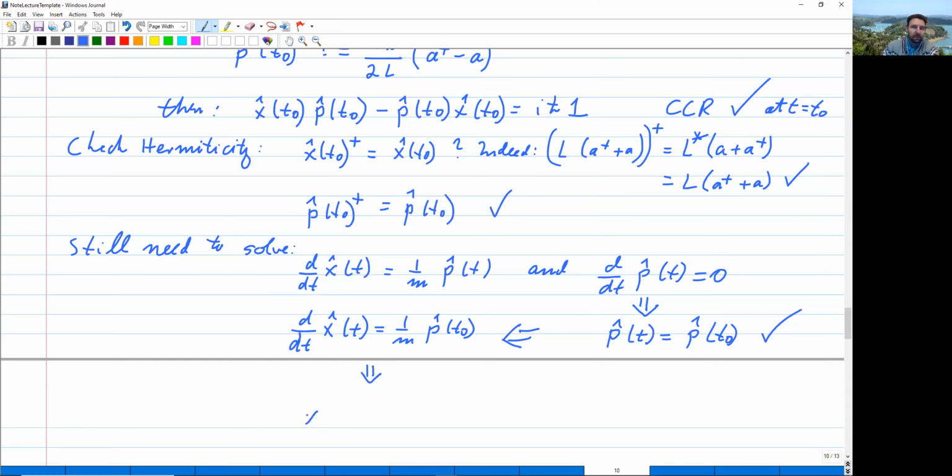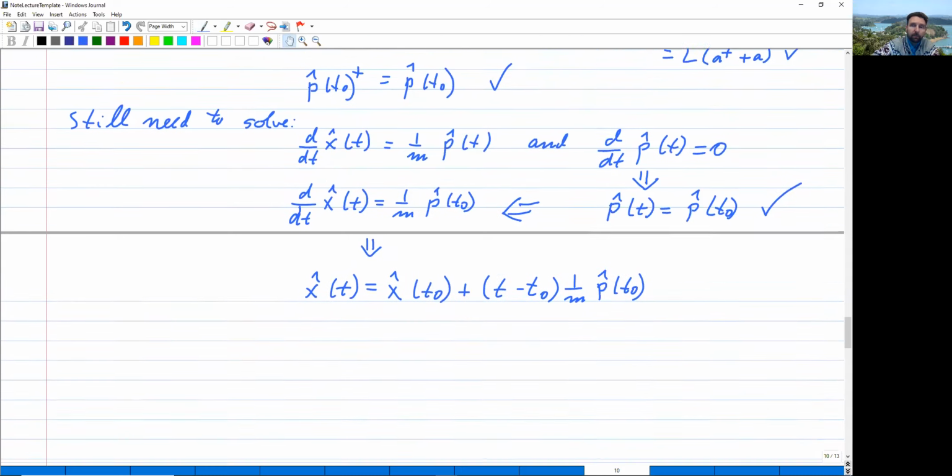From that we know that x hat of t is equal to x hat of t naught, we need this to fulfill the initial condition, plus t minus t naught, again a factor needed for the initial condition, times 1 over m, and then p hat of t naught. Right? Because if you do this, what do we have?